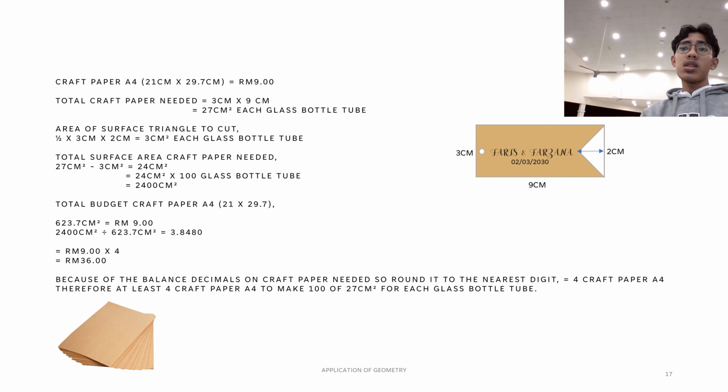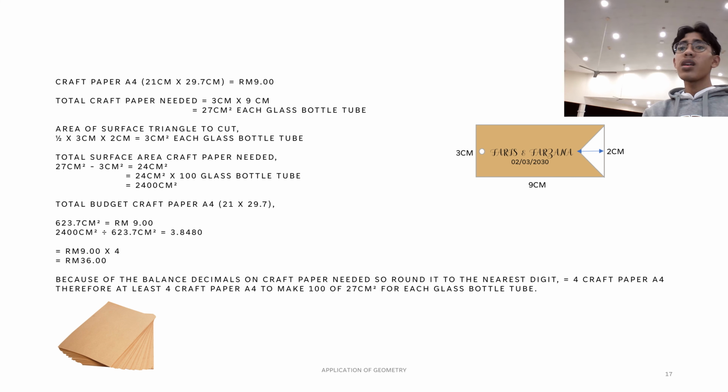The total surface area for 100 glass bottle tubes, which is 2400 centimeter square, divided by the total surface area of craft paper A4, 623.7 centimeter square, and that's where we get 3.848. But because of the decimal, we round it up to the nearest whole number, and then we get a total of 4 craft paper A4.